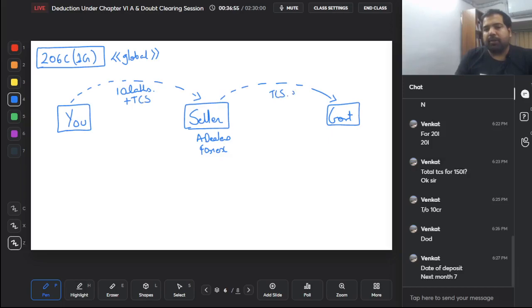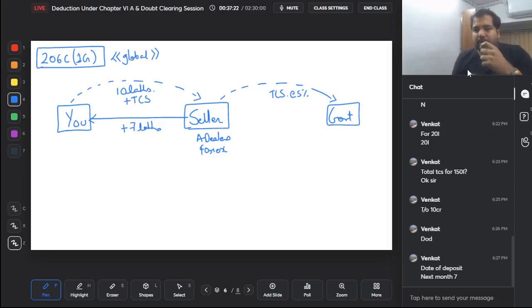At what rate? At 5%, which is huge, guys. Please tell me, has TCS ever been this high? Alcohol, scrap, my car, 1%. Licenses, 2.5%, timber. Only on Tendu leaves it was 5%, and now on this it is 5%, but only if the amount of forex is more than 7 lakhs.